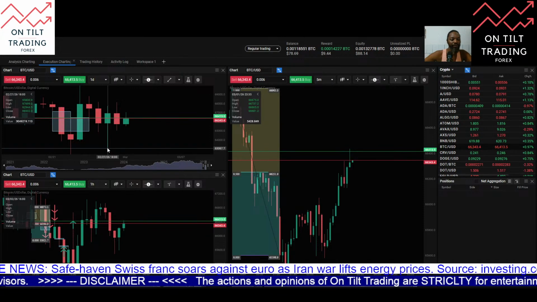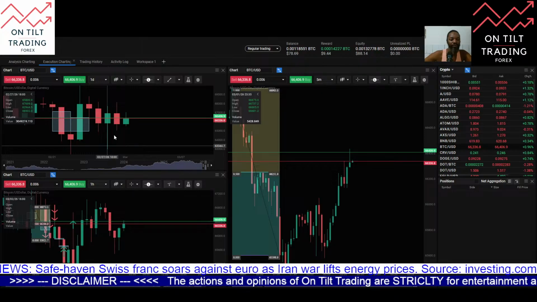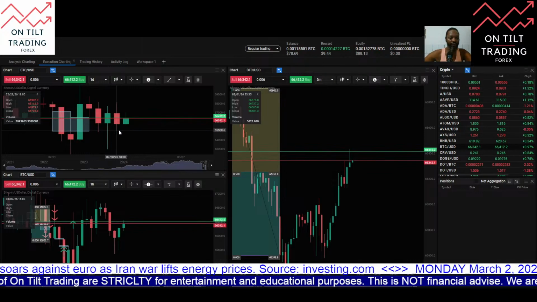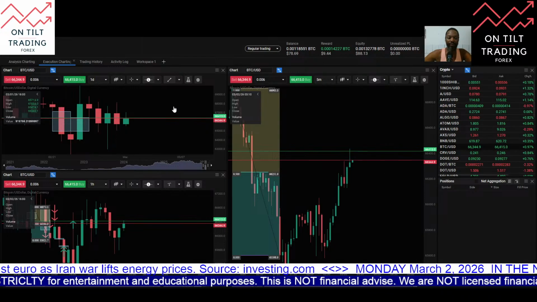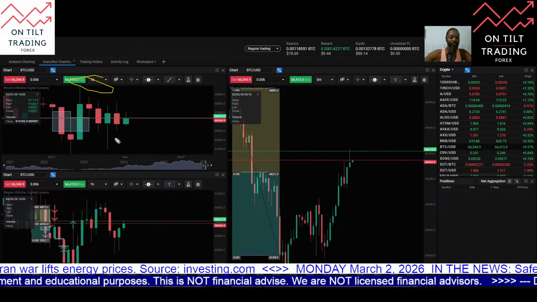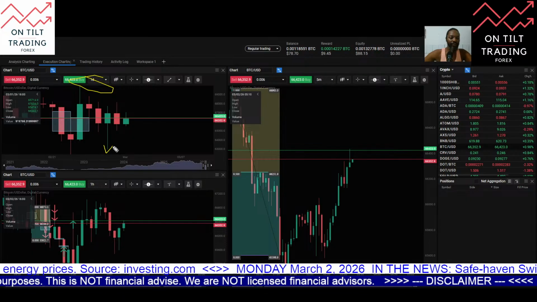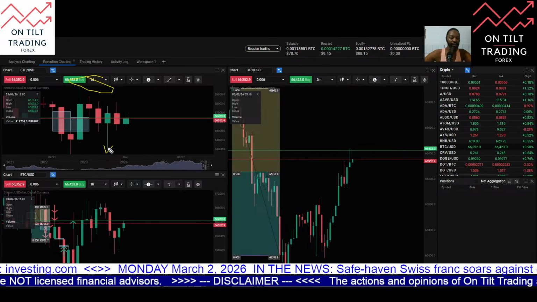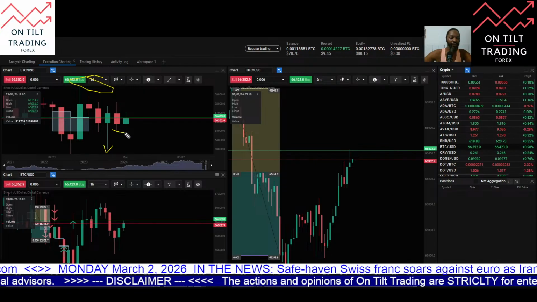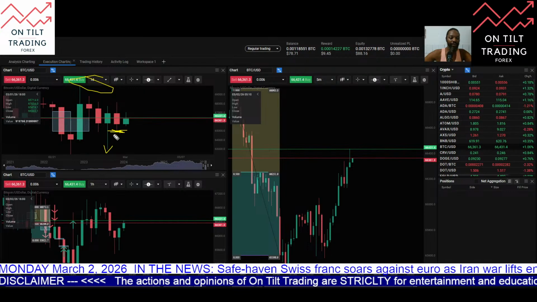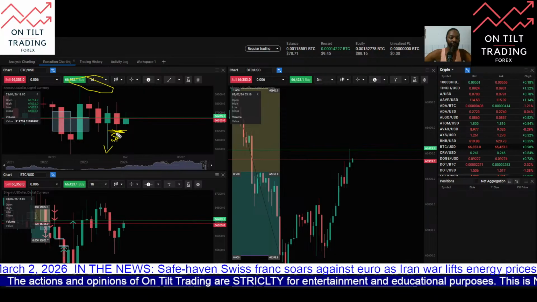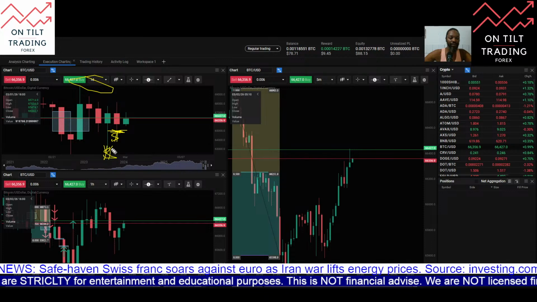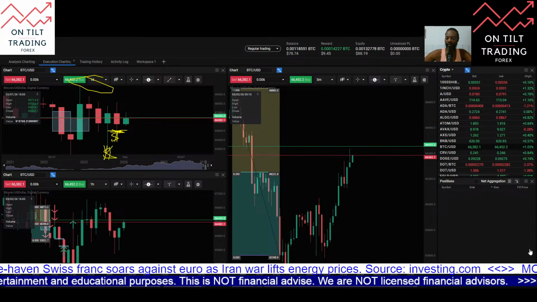Potentially all the way to this low, but I'll take the majority off here if price gets there on the daily chart. This candle here would be the swing low that I would potentially target overall, but this is going to be my main target right here, this sell side liquidity. This sell side liquidity here would be the longer term target.